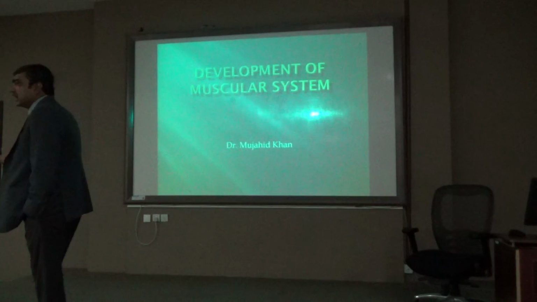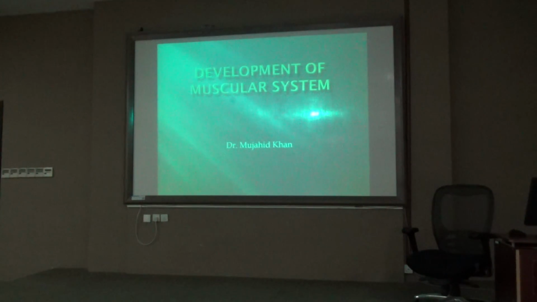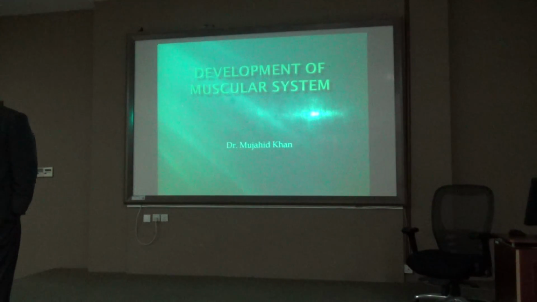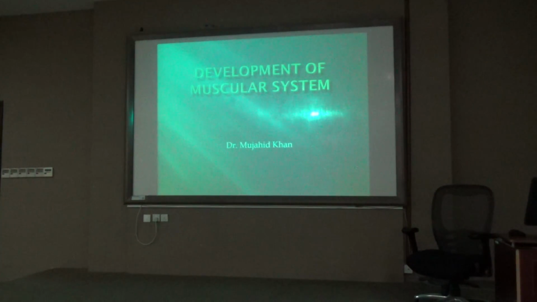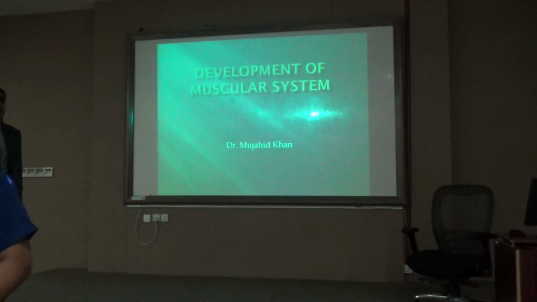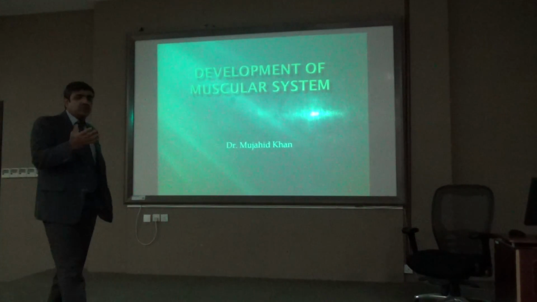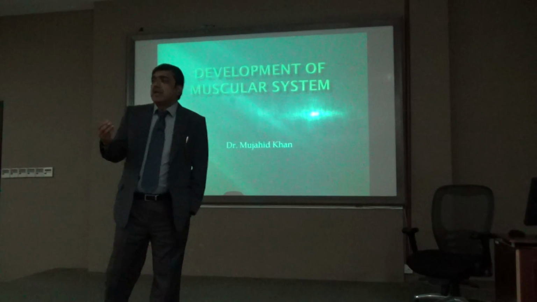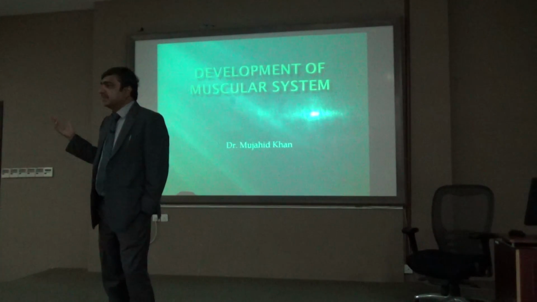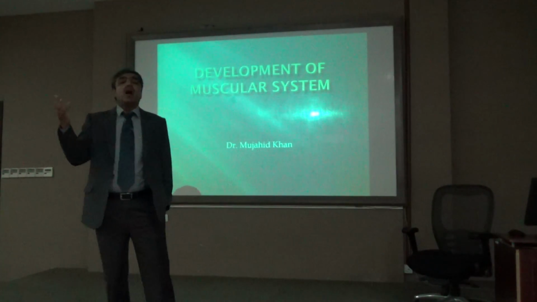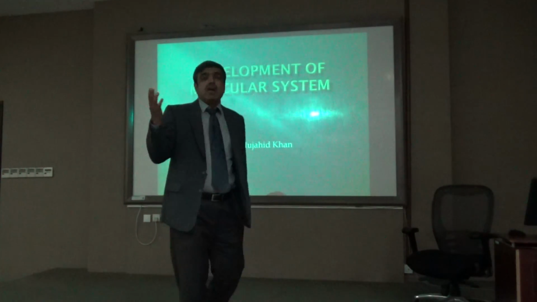Since we talk about the development of the muscle, how many types of muscles are there in the human body? Three. What are those? Skeletal, smooth, and cardiac. Very good. So we talk about the development of all these types of muscles. Okay. Generally speaking, most of the muscles form from mesoderm, but there are some exceptions.